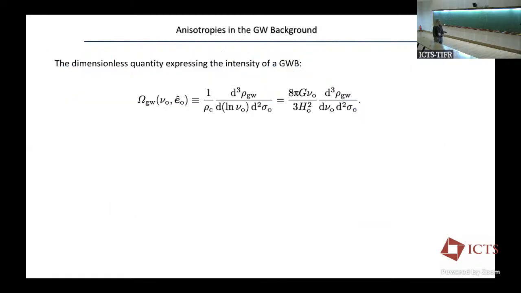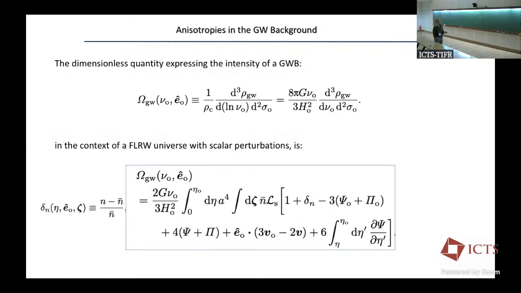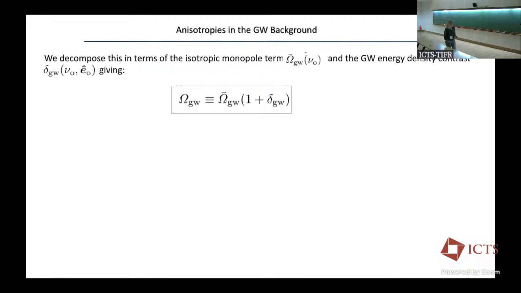And now, this is the omega GW. In the context of an FLRW universe, this is the expression that you get if you want the full expression. Now, we are going to consider that there are perturbations in this background. So it's going to be the unperturbed omega bar plus this small perturbation.